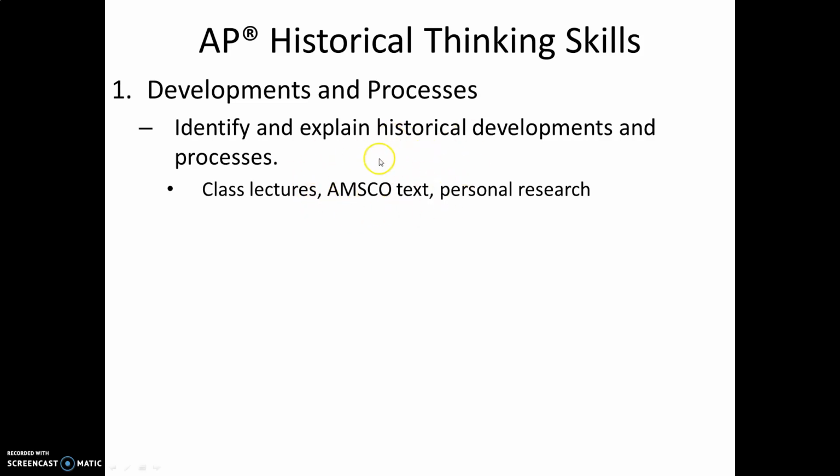You're reading your OMSCO text, reading and annotating. There might be things where you conduct personal research, but developments and processes simply refers to whether or not you know the actual material. You need to have that firm groundwork laid for the content of the course.